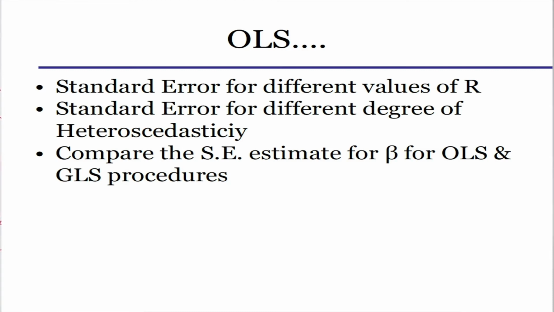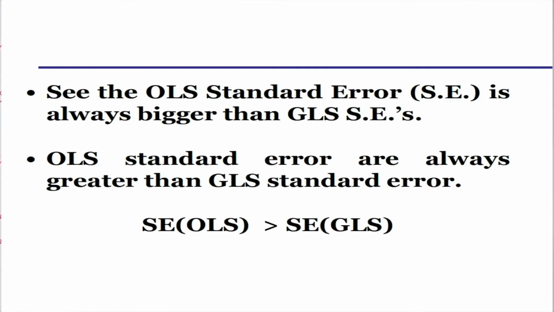We may compare the standard error estimate for beta for OLS and GLS procedures. You may see the OLS standard error is always bigger than the GLS standard error. So, this clearly tells you the OLS standard errors are always greater than the GLS standard errors.